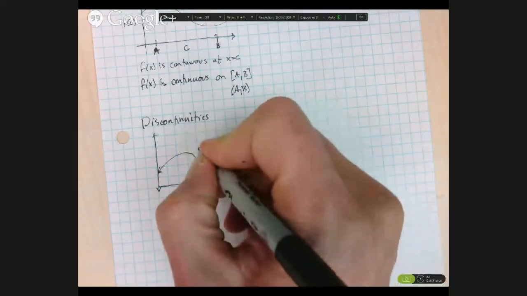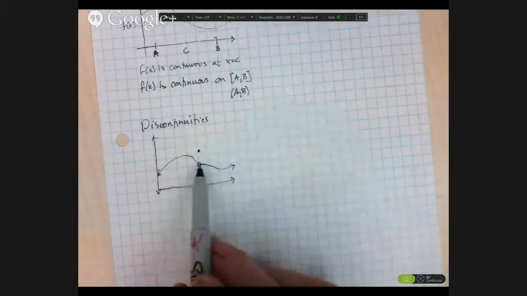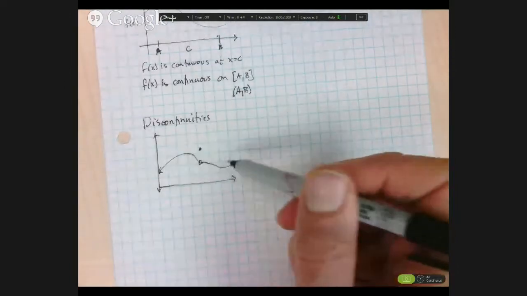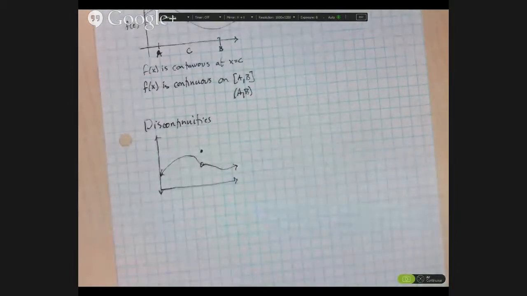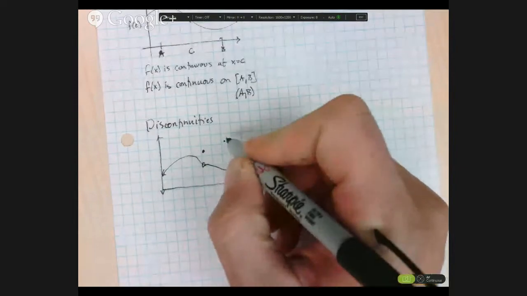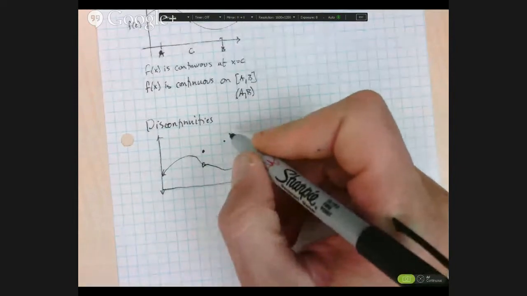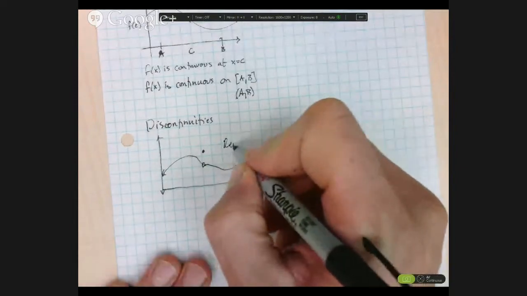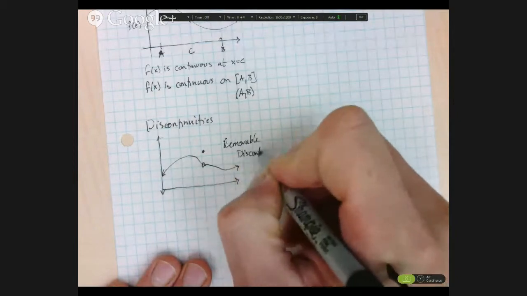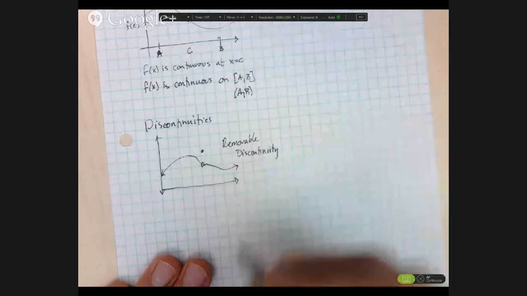You can have one up here, still discontinuous because you have to pick up your pencil when you pass that hole. So this is a removable discontinuity.